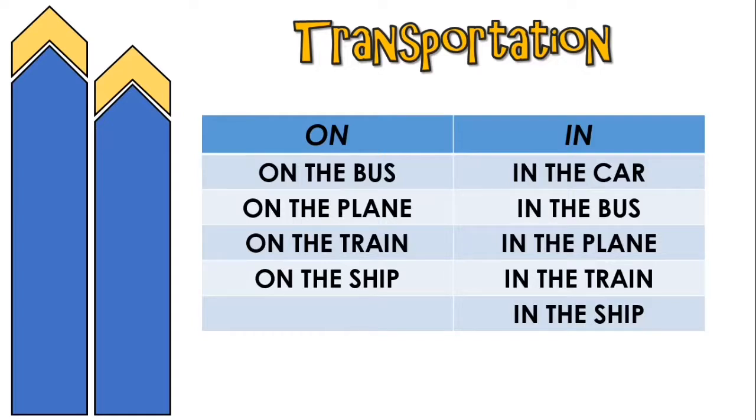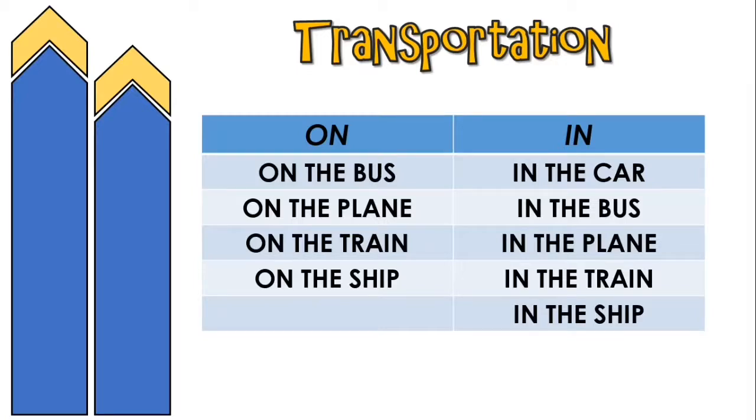On our left side, we have the preposition on, and on the right side we have the preposition in. On the left side, we could see that we are using different transportation modes like bus, plane, train, and ship. It is the same with the right table. However, they are different in terms of the situation.